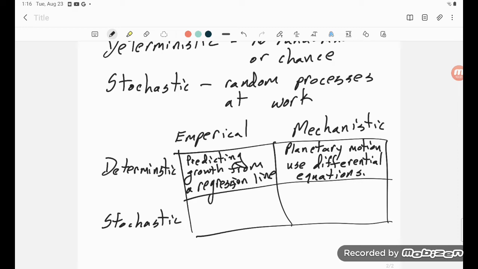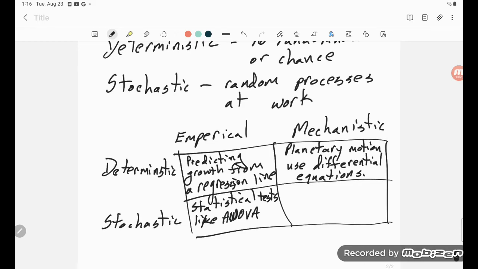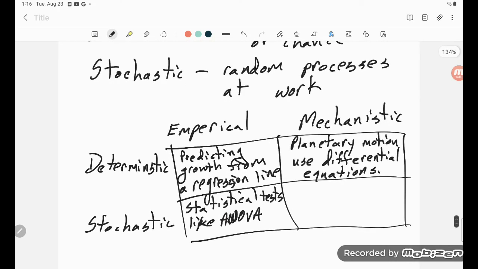Now, stochastic and empirical, these tend to be statistical tests, like analysis of variance, or ANOVA. Things are random, but again, we aren't trying to come up with what's going on, or how things are made different.